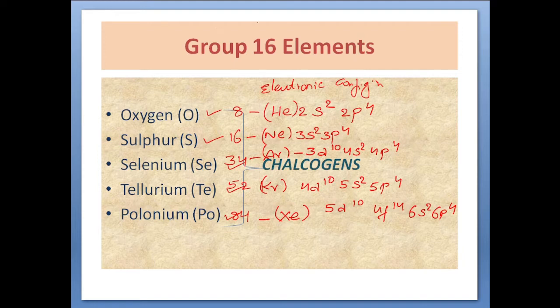Helium atomic number is 2, neon atomic number is 10, argon atomic number is 18, krypton atomic number is 36, xenon atomic number is 54.